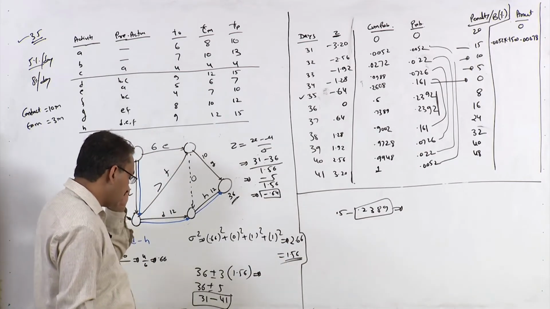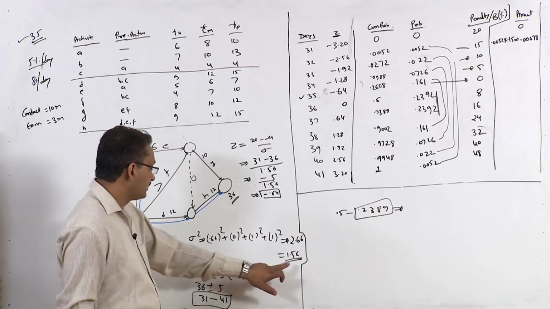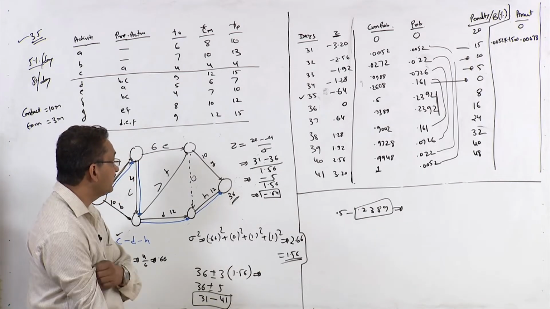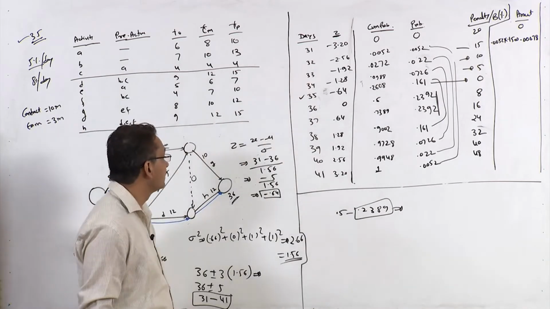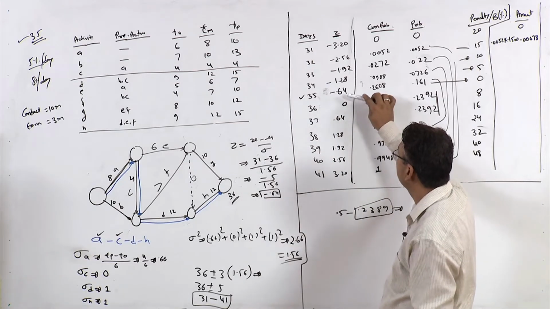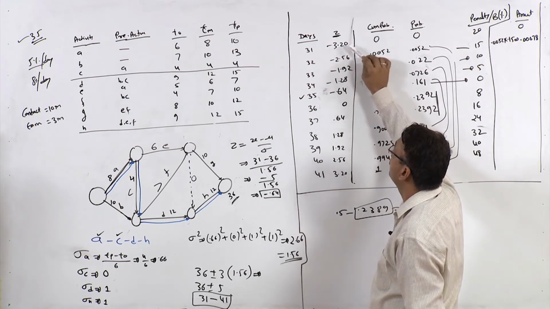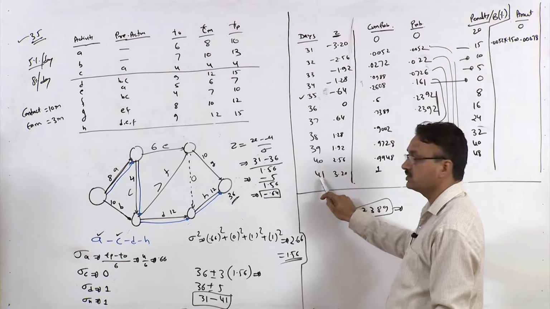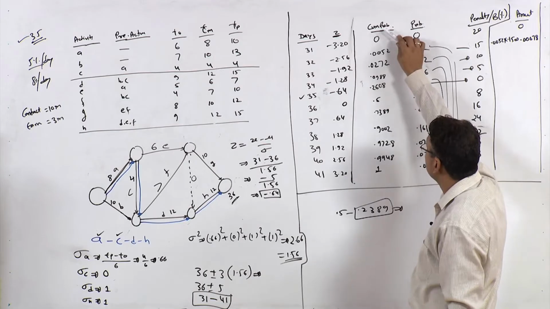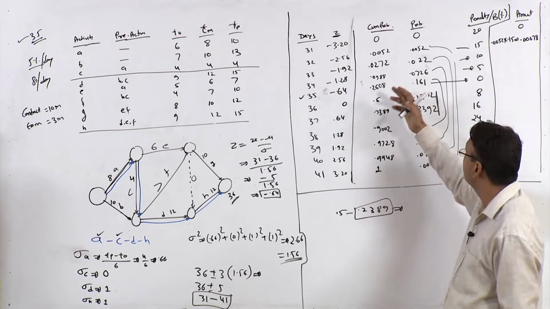So after calculating standard deviation of the project, we calculated Z values. So Z value at 36th day is 0, at 35th day minus 0.64, minus 3.20 on 31st day, 3.20 on 41st day, and then we calculated cumulative probabilities, and from cumulative probabilities we found probabilities.